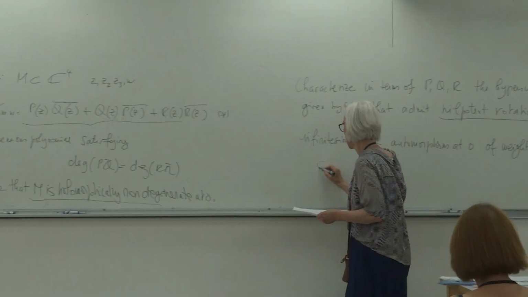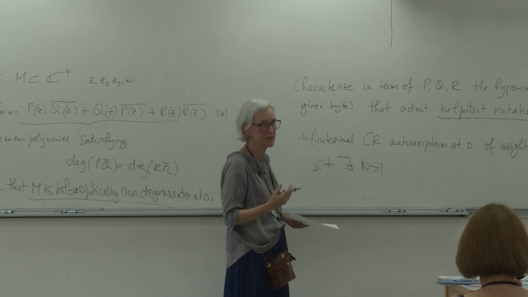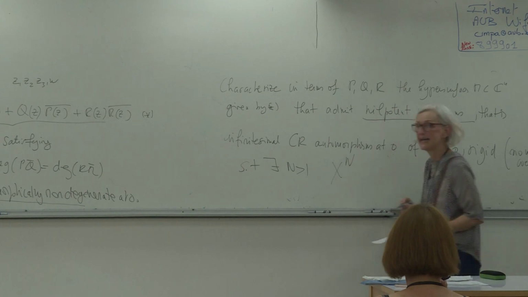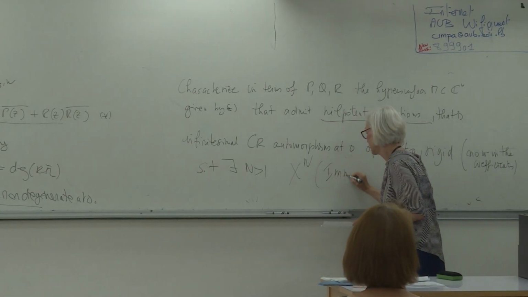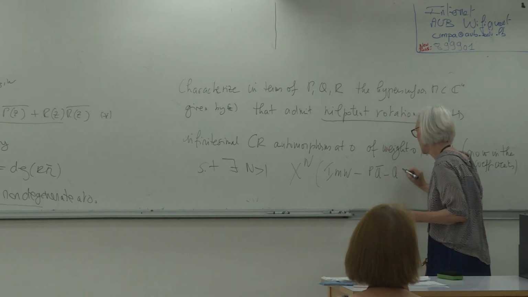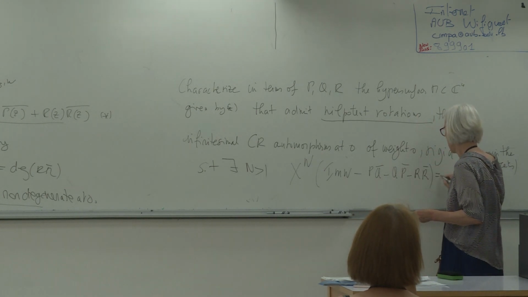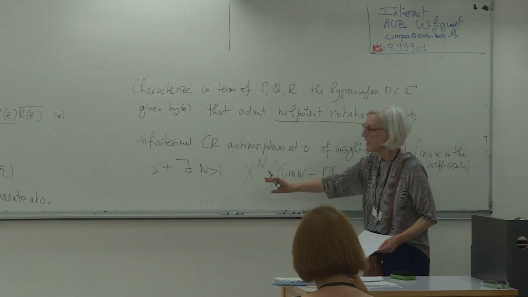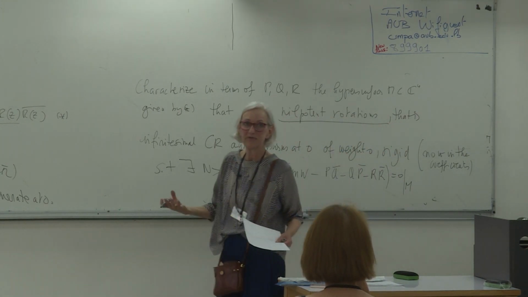There exists n bigger than 1 such that if I apply X^n to my P Q̄ minus Q P̄ minus R̄, it's equal to 0. Nilpotent means that if you apply X to that, and you keep applying, finally it's 0.